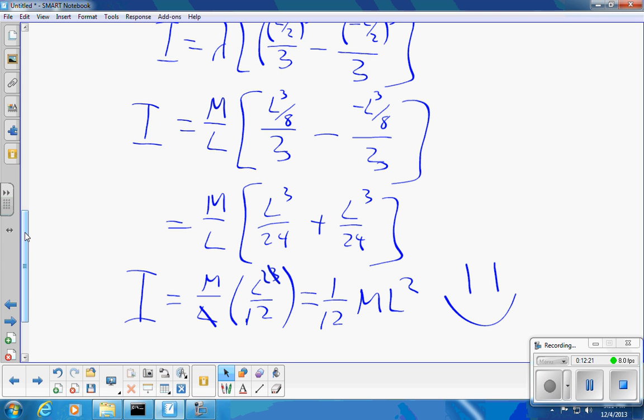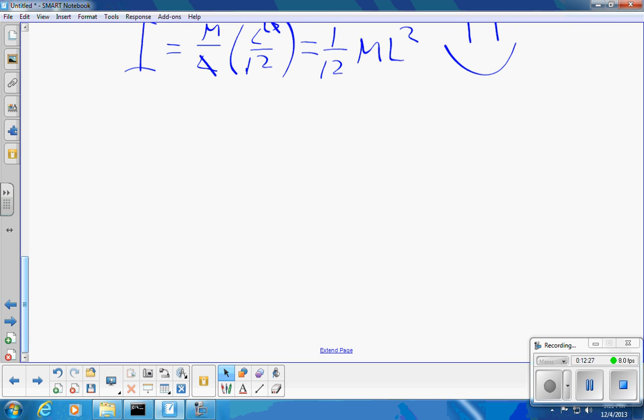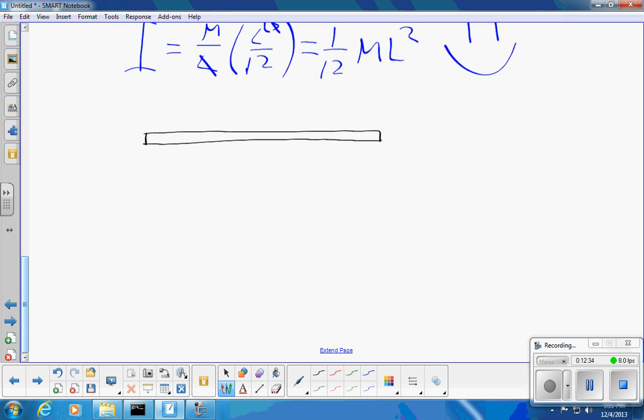I am going to leave it as an exercise for you to find the moment of inertia of a stick where the axis is at one end. Now you did this experiment earlier. It doesn't really matter.